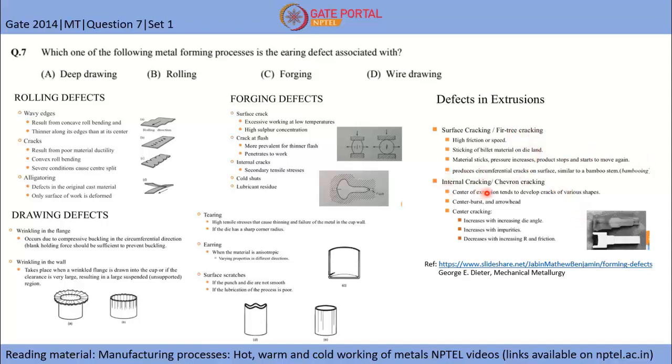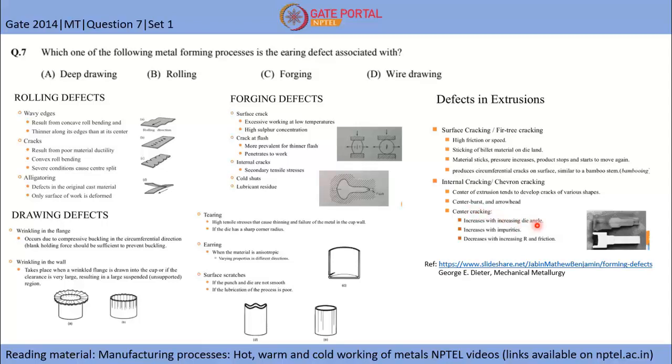Internal cracking, also known as chevron cracking, happens because the center of the extrusion tends to develop cracks of various shapes, and it increases with increasing die angle. If I have a cylinder of 10 diameter and I need to extrude a 5 diameter, the die angle should be high, right? If you have a very high die angle, then center cracks will generate in the workpiece.